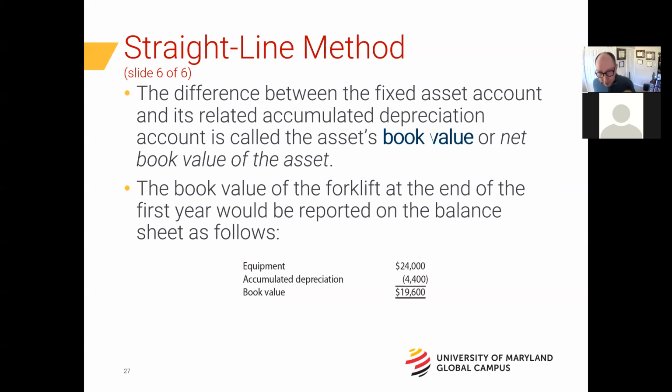The original balance must always be on the balance sheet. So even in year 4, it's on my balance sheet, it's still going to say equipment forklift 24,000. Even at the end of year 4. Accumulated depreciation, which is a contra account, will always have a negative balance, if you will. That is how we offset it.